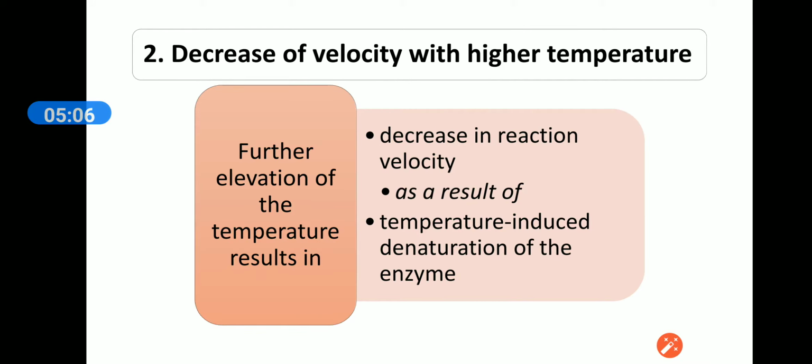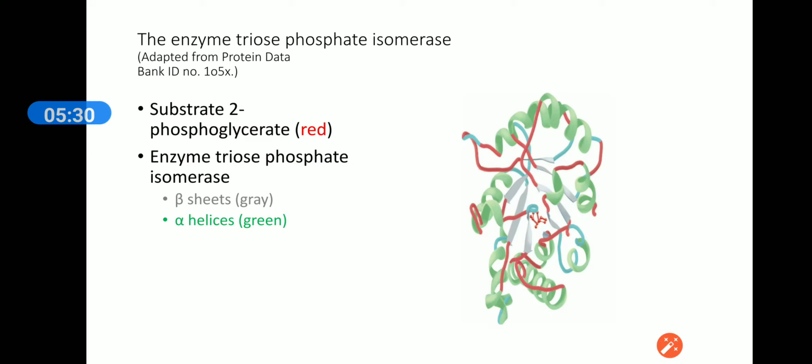But on the other hand, further elevation of the temperature results in a decrease in the reaction velocity. Why? Because the temperature induces denaturation of the enzyme. Enzymes are protein in nature, and proteins become denatured whenever we increase the temperature.